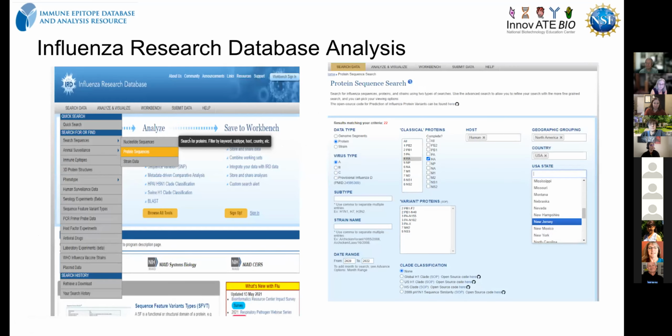We also worked on some of the research database, and I'll quickly wrap up so that Sandy can go along. We also have an immune profiling piece that we created with the Immune Epitope Database that actually worked to our advantage. So with that, back to you, Sandy.